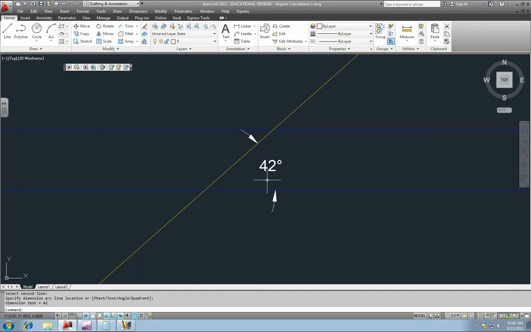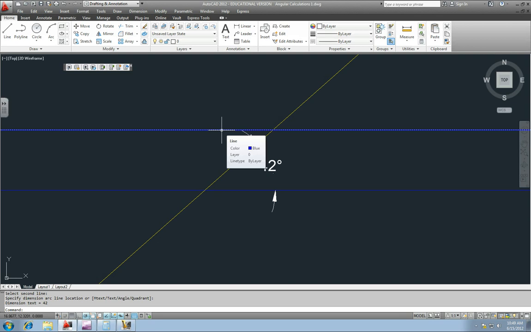Now, just knowing the geometric principle, I know that these two lines are parallel. I have a line cutting through them. If I know that this angle is 42 degrees, I also know that the angle between here and here is also 42 degrees. So that is actually one of the angles you'll have to find, the outside angle.